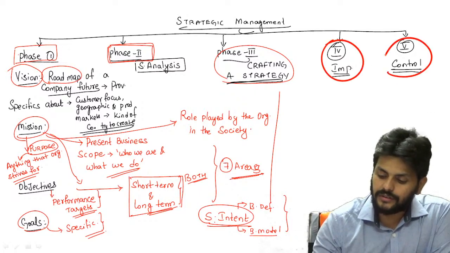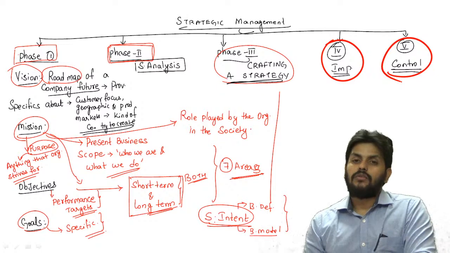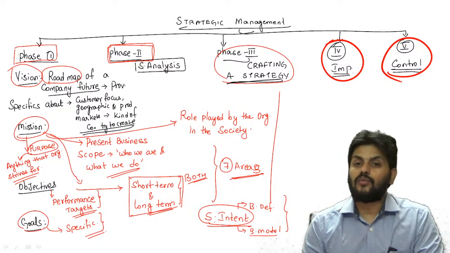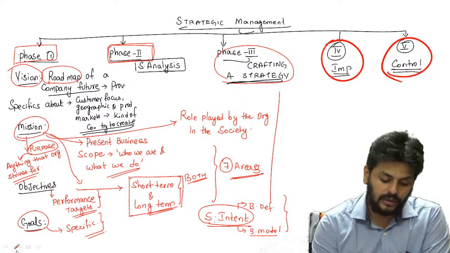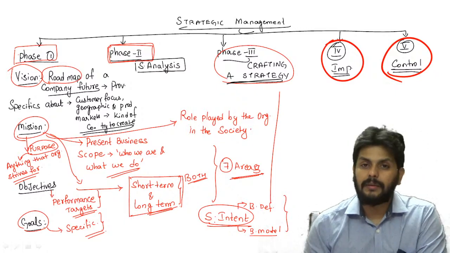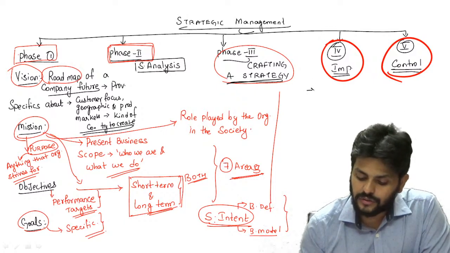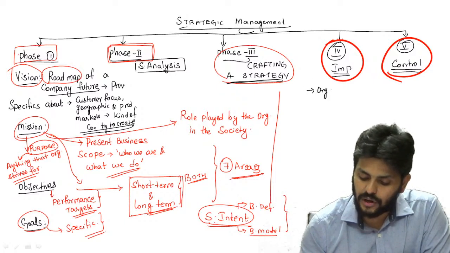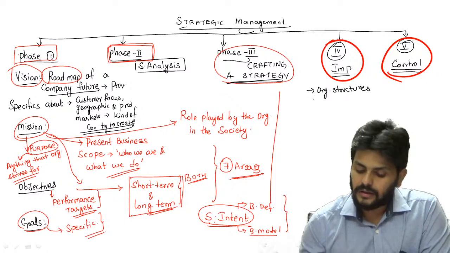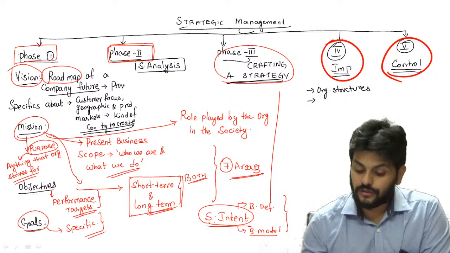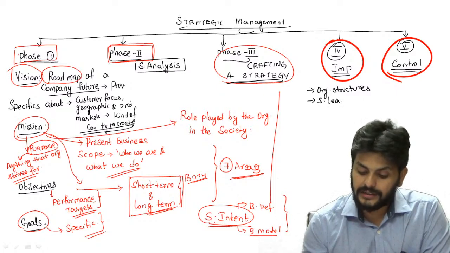We also have to discuss the last part, control. Control is about taking corrective actions, at what levels and where we will take control. As part of implementation, we have to discuss a few concepts called organization structures, and after that, the concept of strategic leadership.